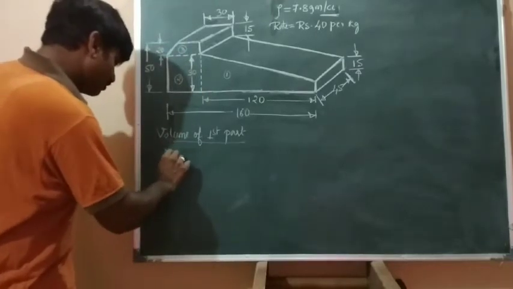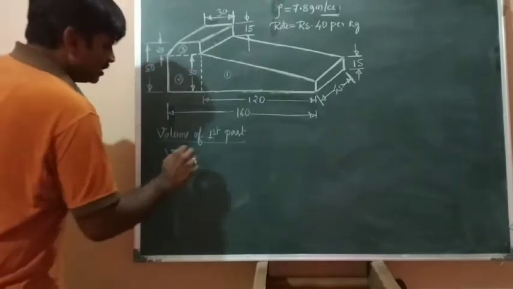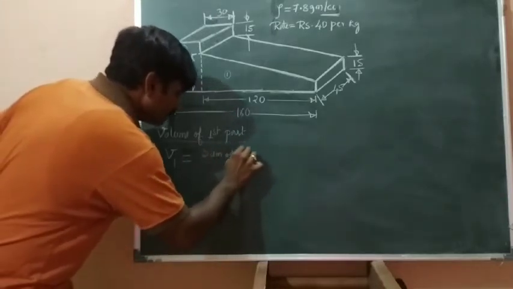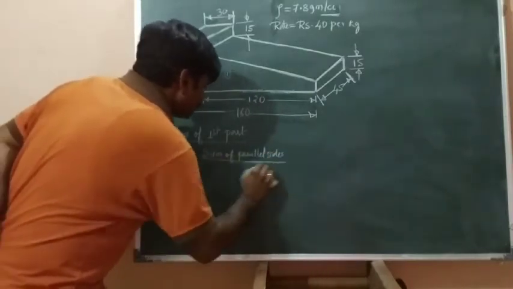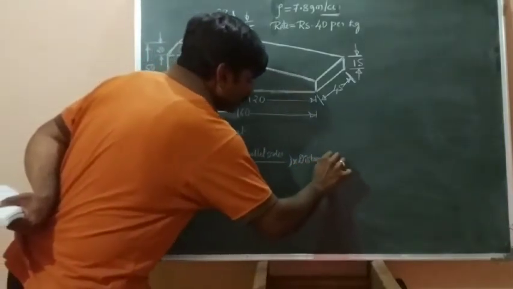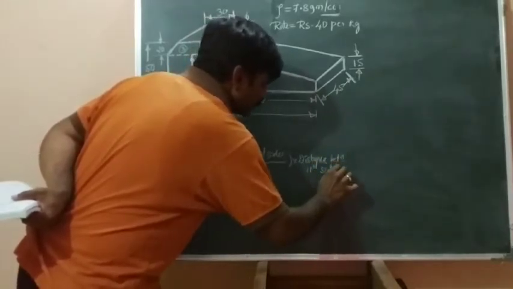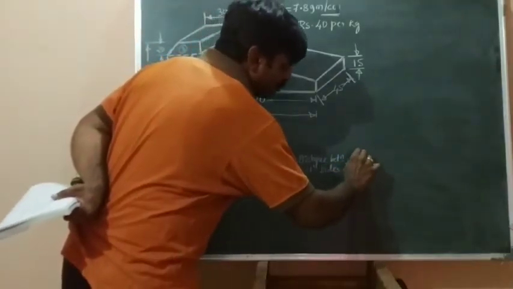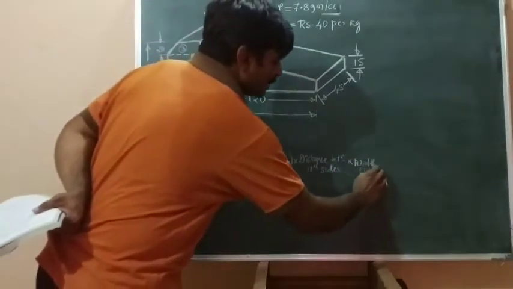Let us take the volume of the first part as V1 is equal to, let me write the equation: sum of parallel sides divided by 2, into distance between parallel sides, into width, or length, or lateral width.